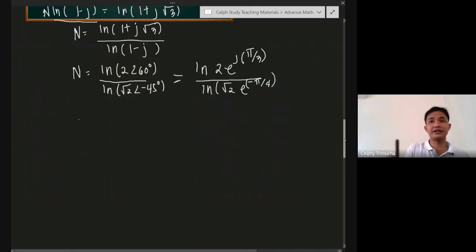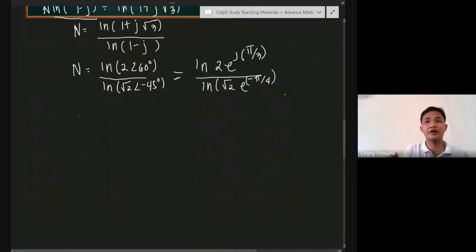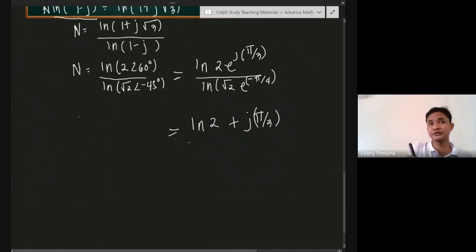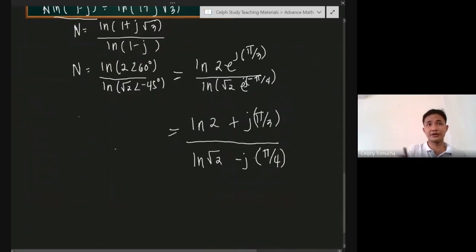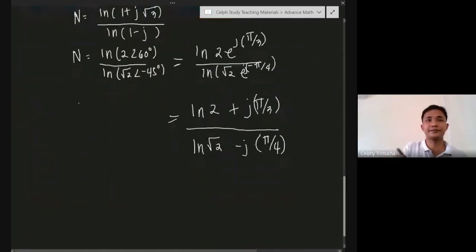Start danay by the property nga naka-multiply sila, so we will have ln 2 plus j times pi all over 3, all over this one will be ln of square root of 2 minus j times pi all over 4.